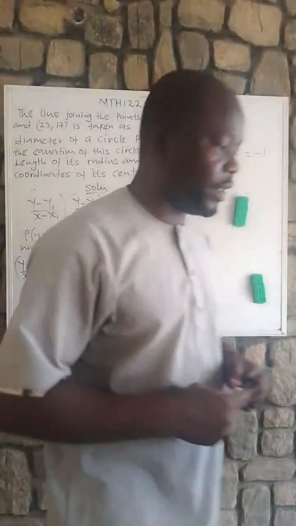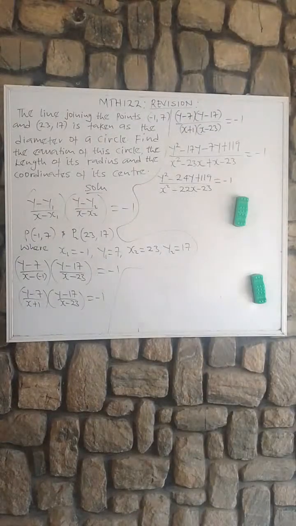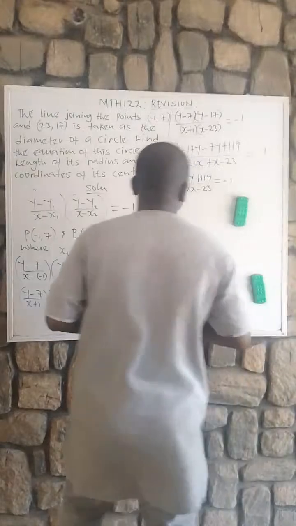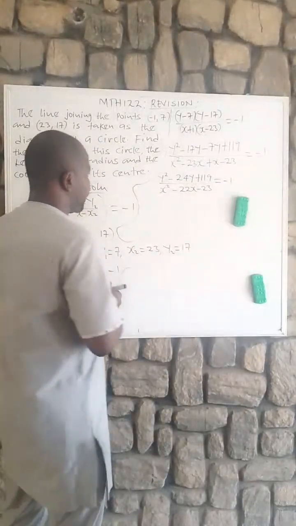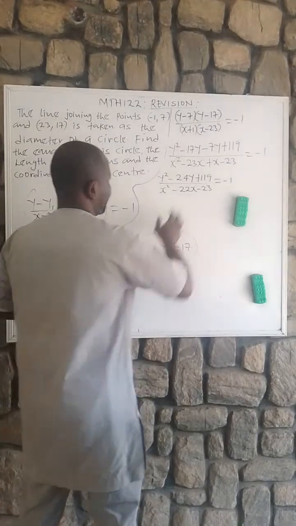Look at the board very well and tell me if I'm right or wrong. So if you agree with me, this implies that we cross multiply.